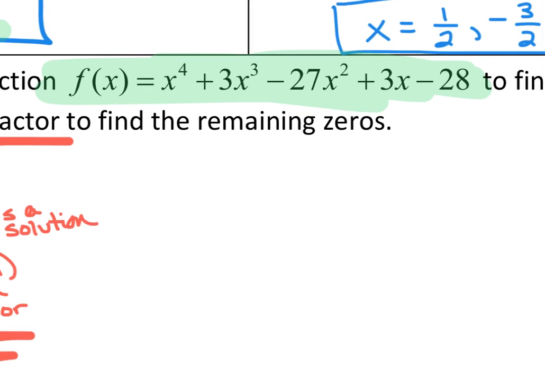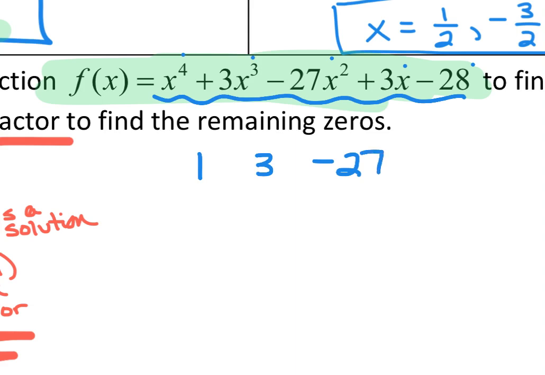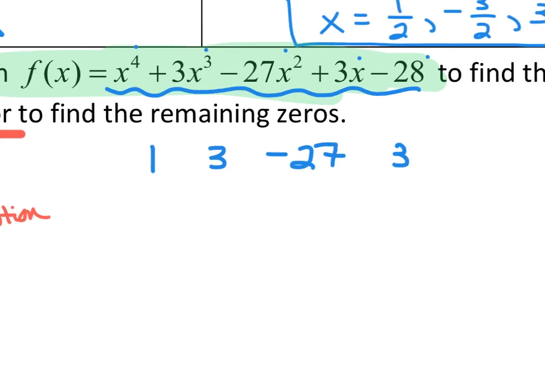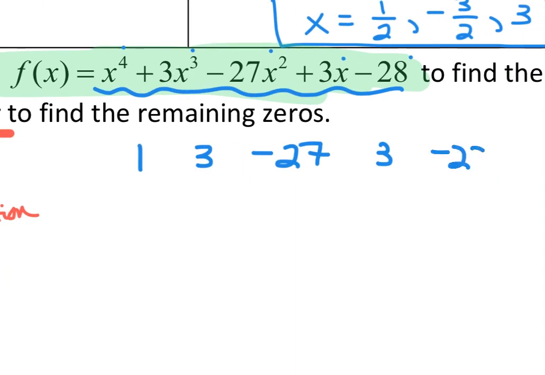I'm going to take this 4th degree polynomial, and I'm going to divide by that solution, x equals 4. I've got x to the 4th, x to the 3rd, x squared, x to the 1st, and no x. So it's 1, 3, -27, +3, and -28. I don't need any 0 placeholders.